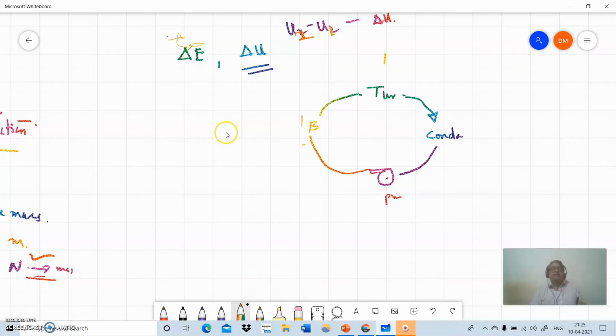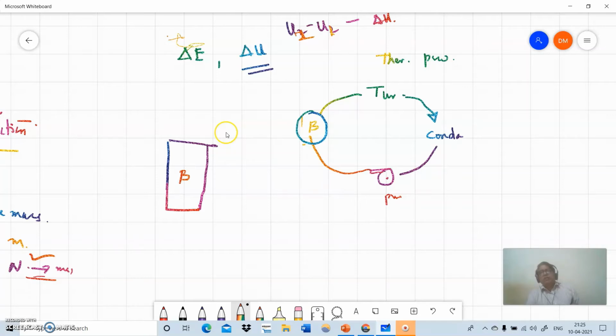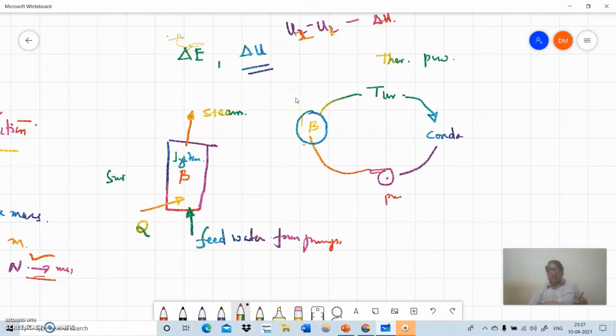Okay, this is the thermal power plant, the basic units of a thermal power plant. If I take the boiler as one unit, I will designate it as B. What are we adding here? We are adding Q. In the boiler there is a fixed boundary line, and there is a transfer of heat. Feed water goes inside and steam comes out.